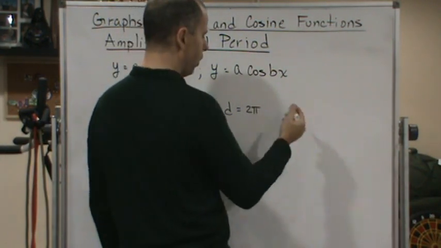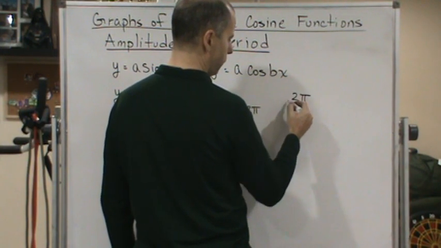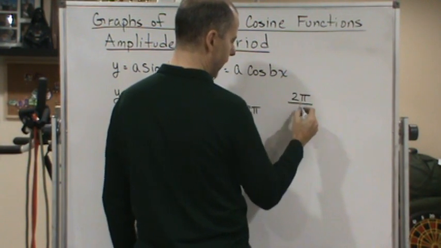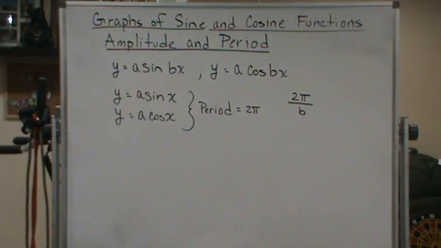They're going to go from 0 to 2 pi divided by B. And again, in this case, we're going to assume that B is a positive real number.